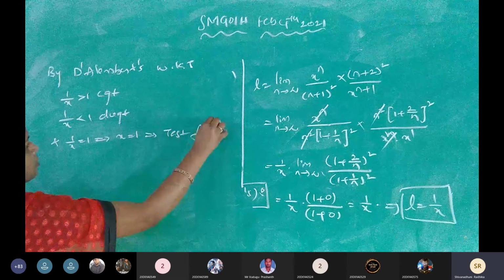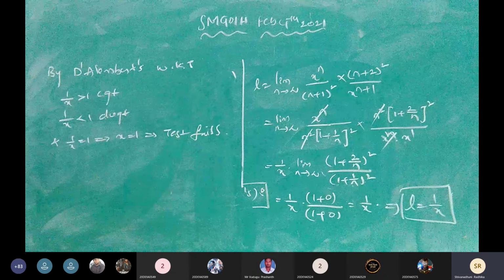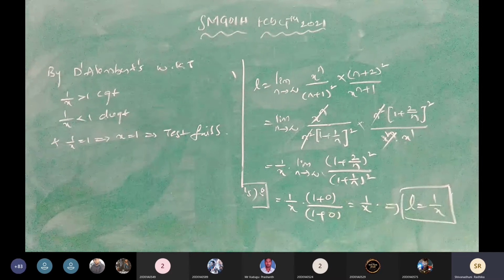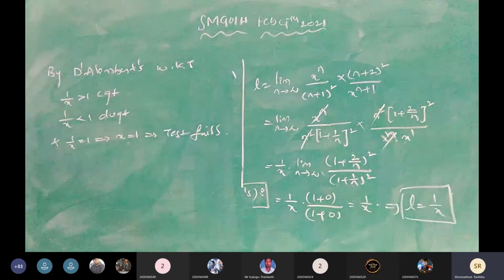Now, what is the next step? Many problems are completed in the ratio test. Tell me, what is the next step? To find at x equals 1. Yes, at the point x equals 1, whether the given series is convergent or divergent. Very good.